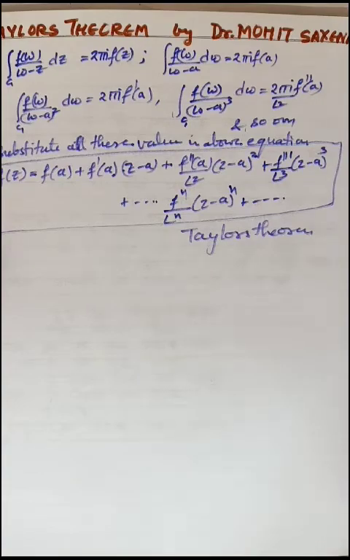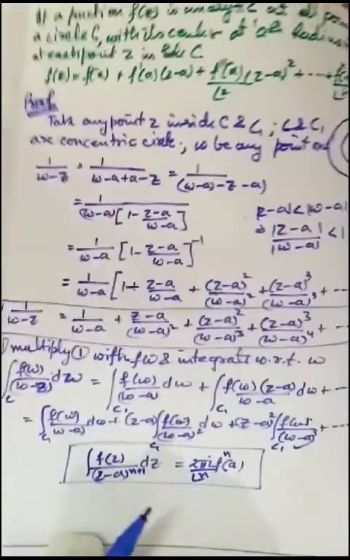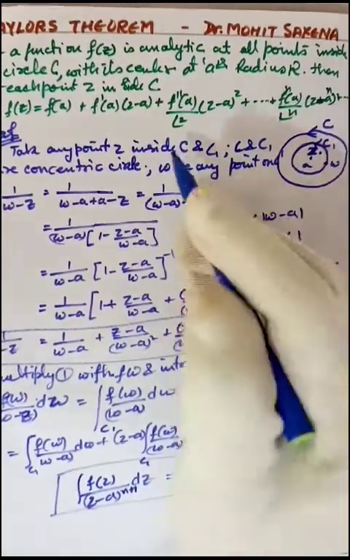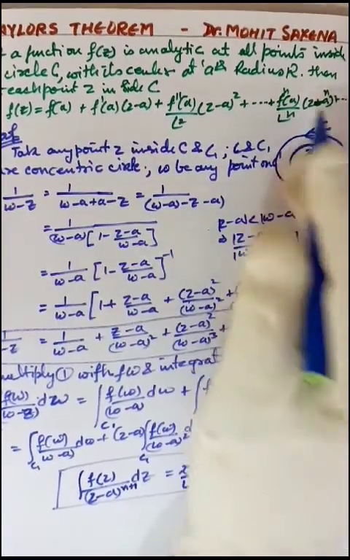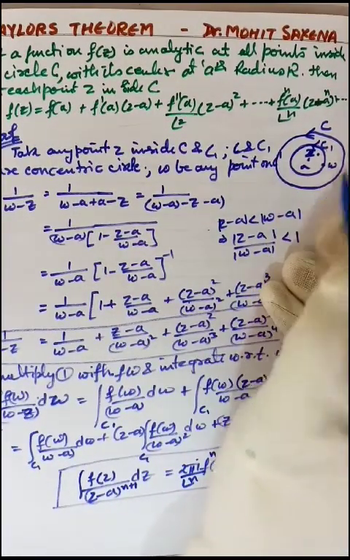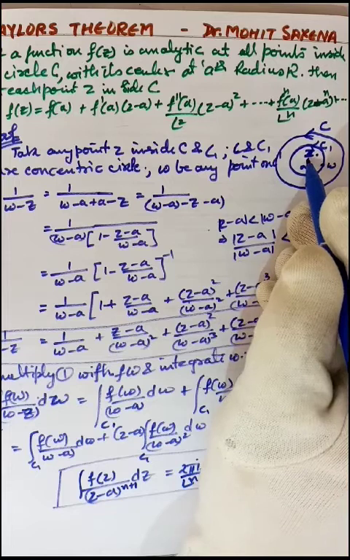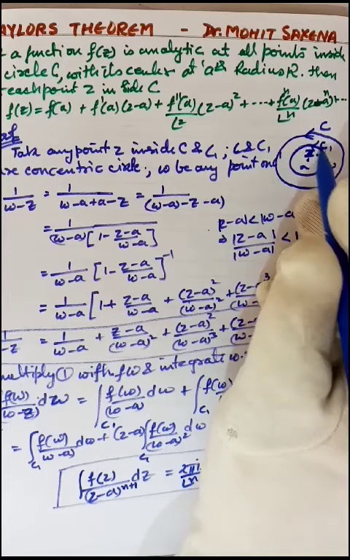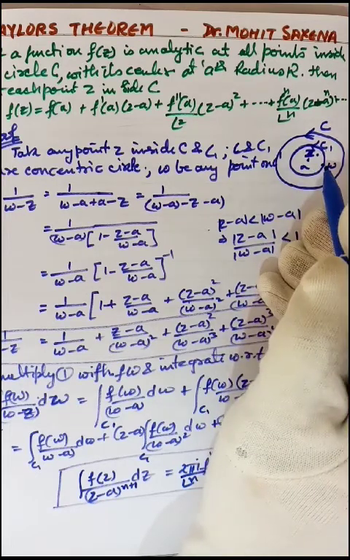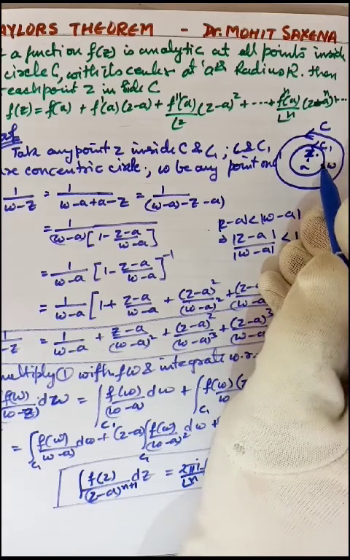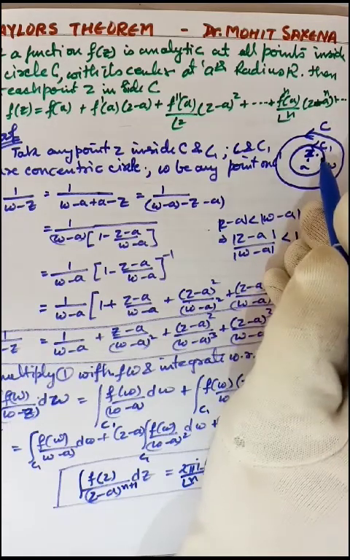Once again, we'll go through what we had done. To prove this particular result, let's draw a region centered at A, with point Z lying inside C1. Let's consider another point W which lies on this C1.